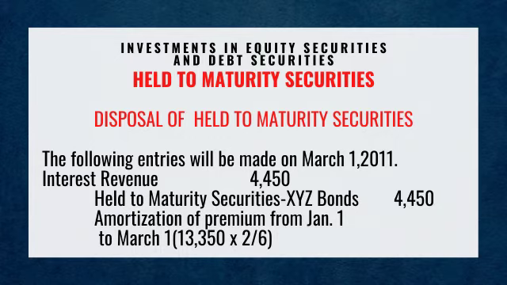Debit interest revenue for 4,450 pesos and credit held to maturity securities XYZ bonds 4,450 pesos. Amortization of premium from January 1st to March 1st, which is 13,350 pesos times 2 divided by 6.